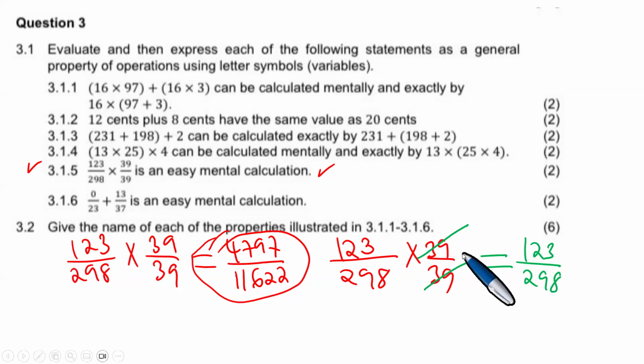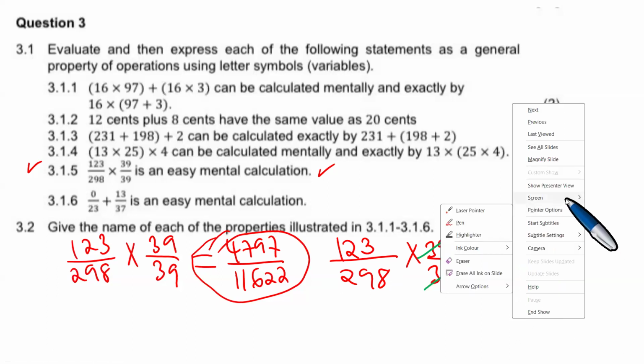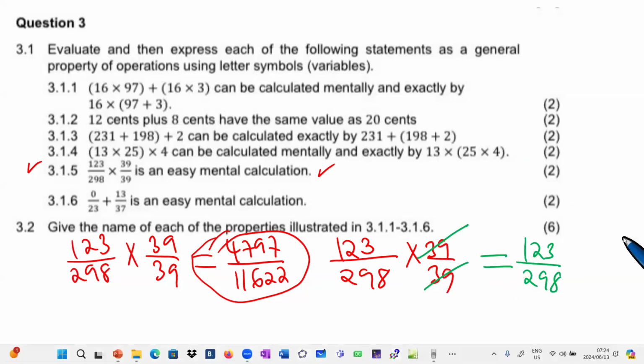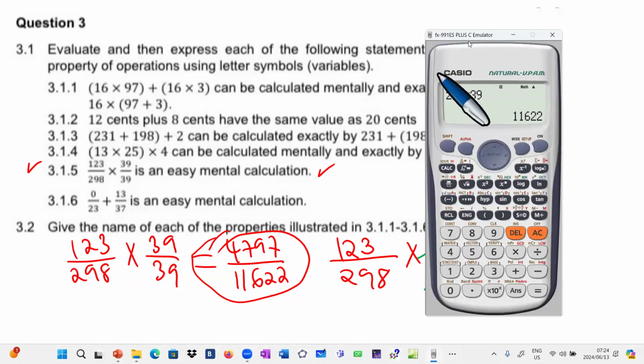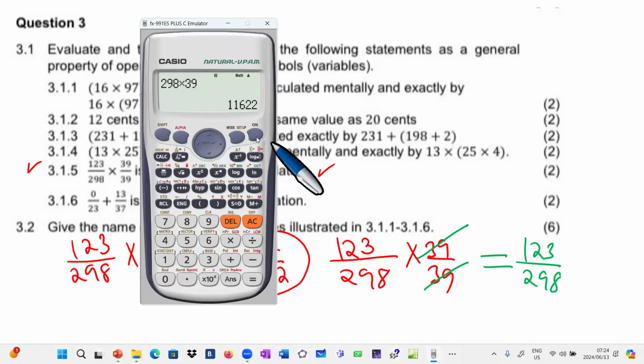Obviously, you can ask a couple of questions. Can these be simplified? If one is wondering about that, you can launch our calculator and punch in the fraction here, 123 out of 298.